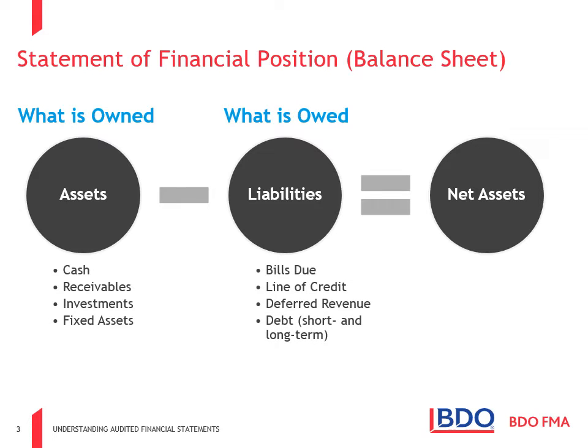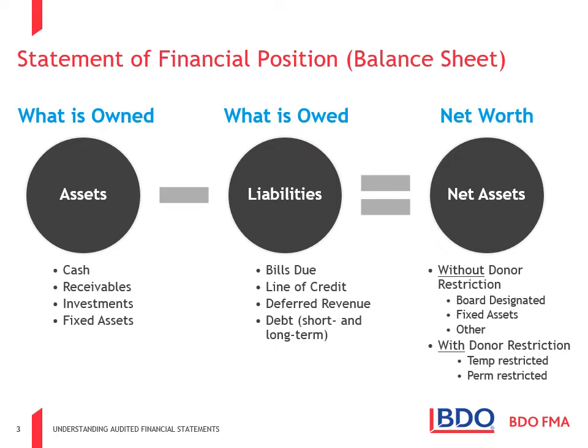Liabilities are what we owe to parties outside the organization. So this is bills due, a line of credit, any debt, mortgages, anything like that is a liability on the balance sheet. And the difference between assets and liabilities are called net assets.